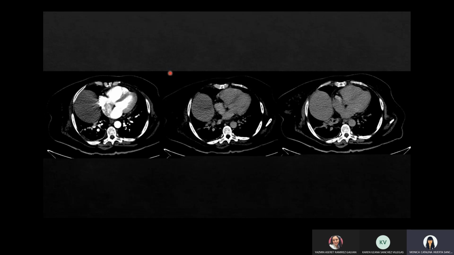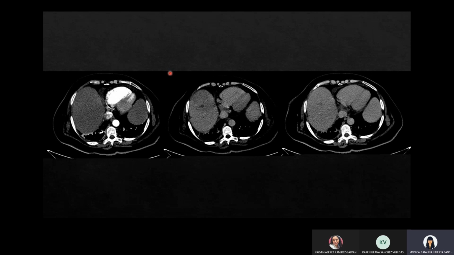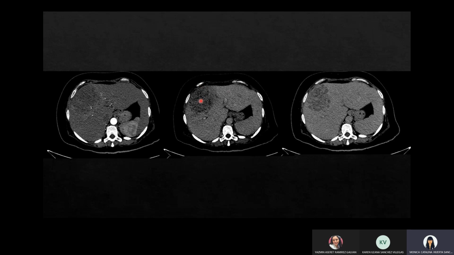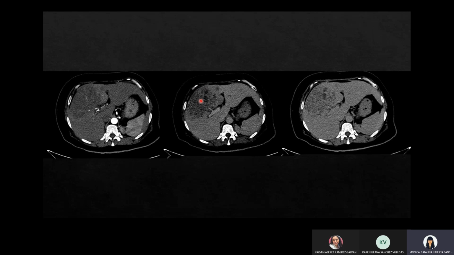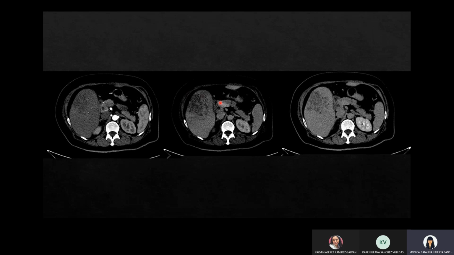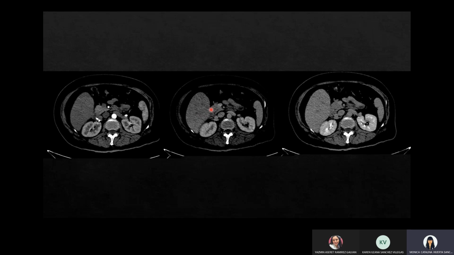So here we have a comparison view of the three phases, which showcases the characteristics of the multicystic lesion, and we can confidently say that it is like that because of the lack of enhancement in some areas and the honeycomb pattern conditioned by the multiple septae.